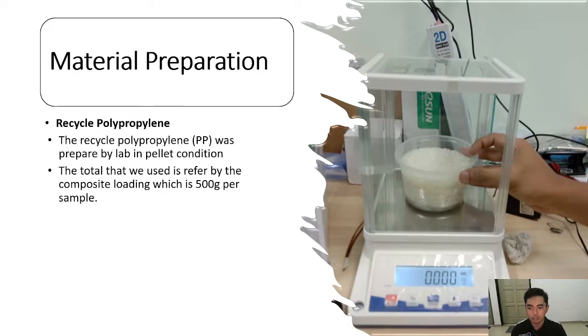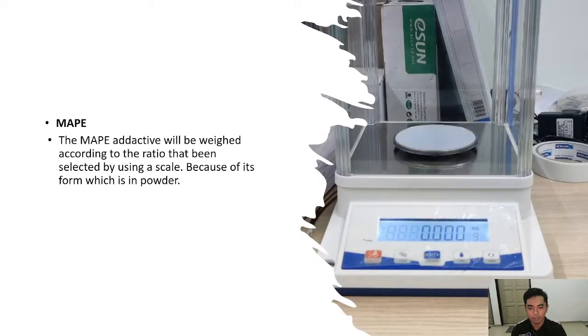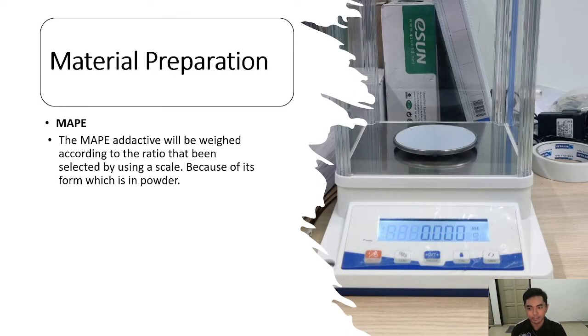The total used is based on the composite loading, which is 500 grams per sample. The MAPE additive will be weighed according to the selected ratio using a scale, because the MAPE is in powder form.